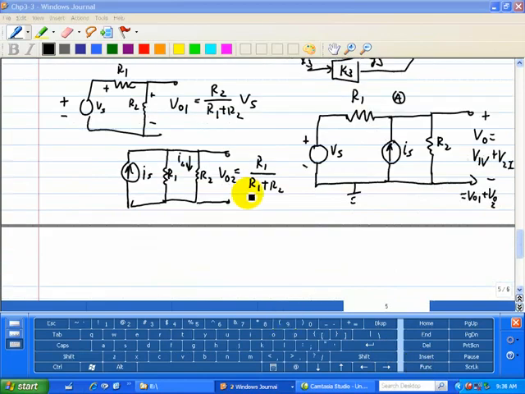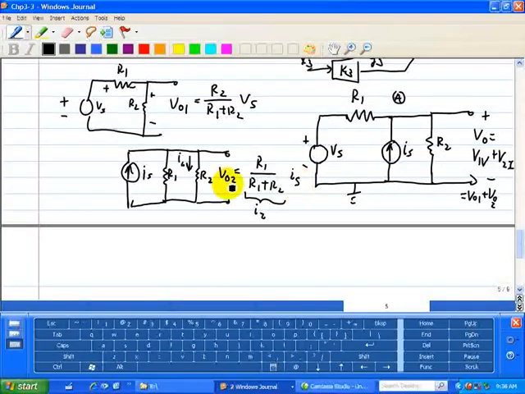We're not finished yet, because this part is just I2, the current divider part, so we need to multiply this by R2 to get the voltage VO2 due to this current source IS. Now that we've completed that, we can add the outputs VO1 and VO2.